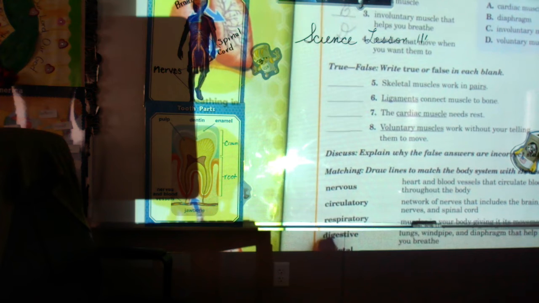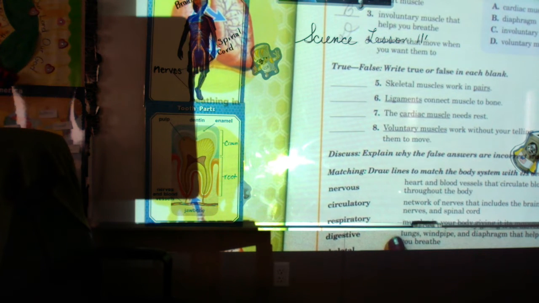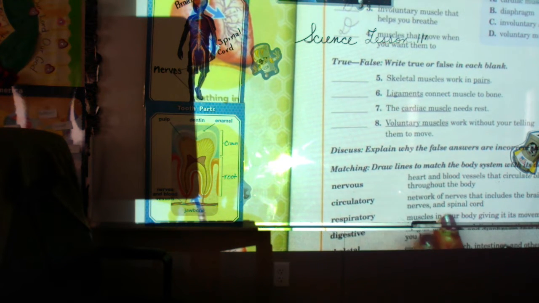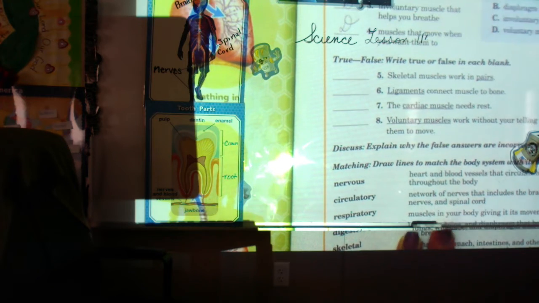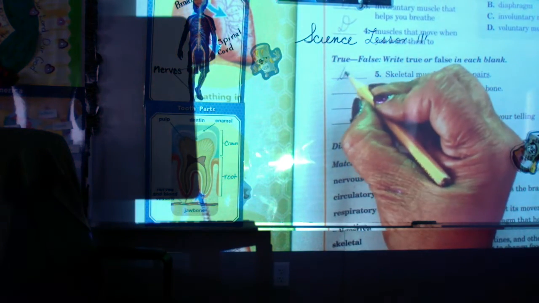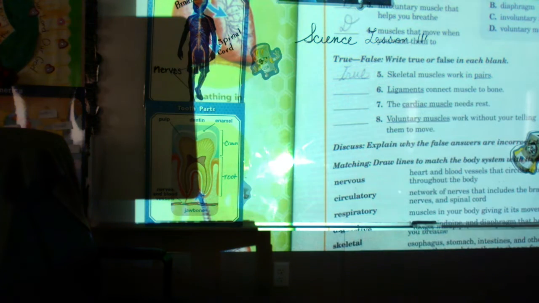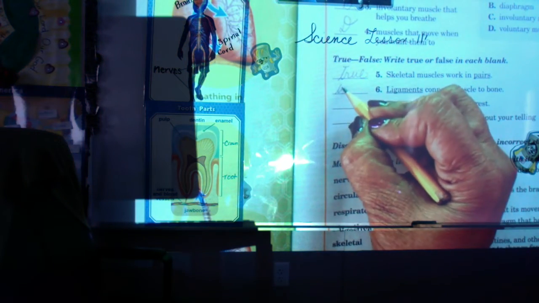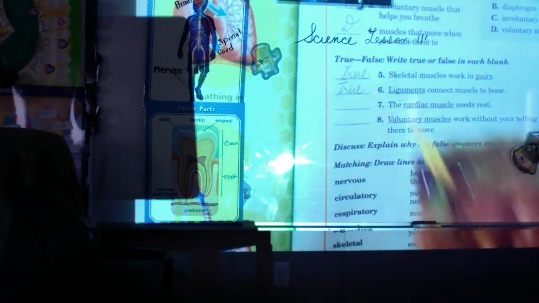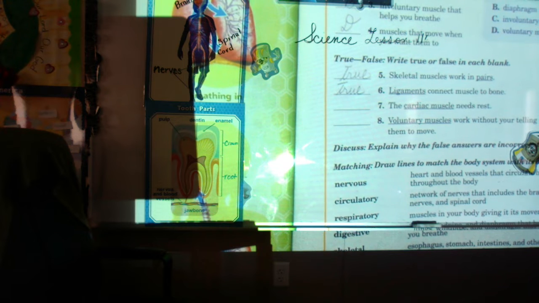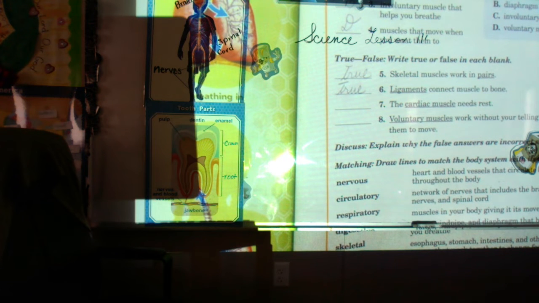True or false? Write true or false in each blank. Skeletal muscles work in pairs. That is true. Ligaments connect muscle to bone. That is true. The cardiac muscle needs rest.